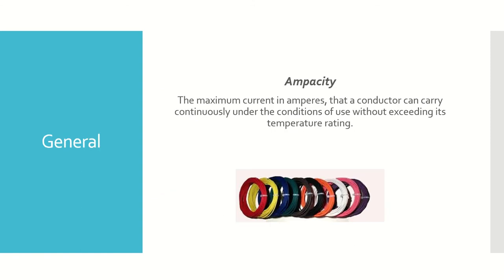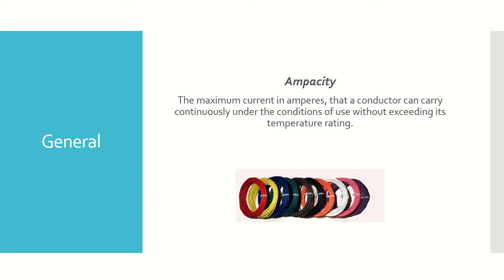Okay, so before we start talking about conductor ampacity, we got to go back to the basics and understand what ampacity is. And this comes out of Article 100. Ampacity is a term that's created from 2 words, pretty much. Ampere and capacity.